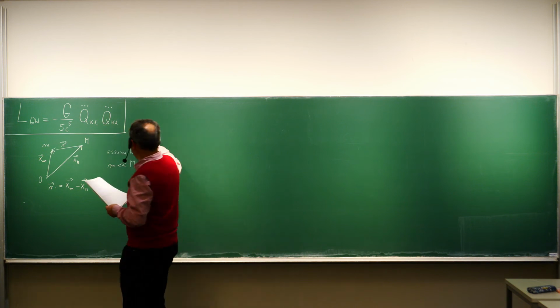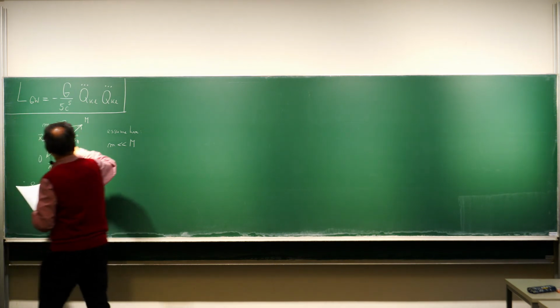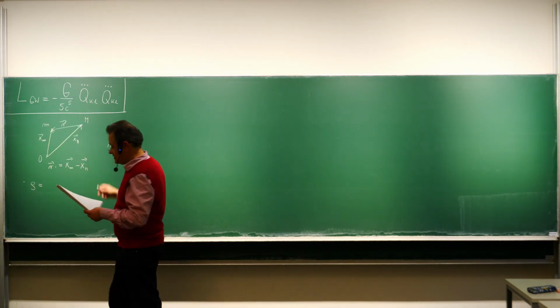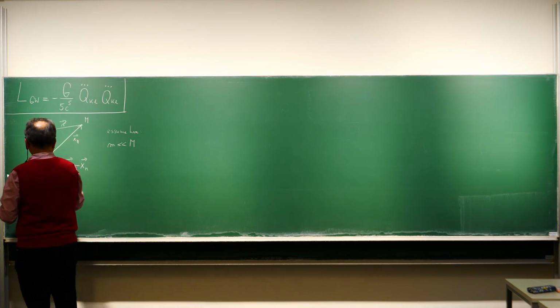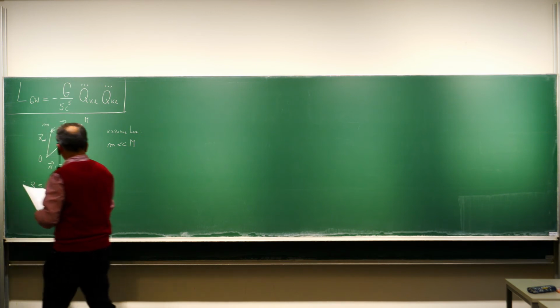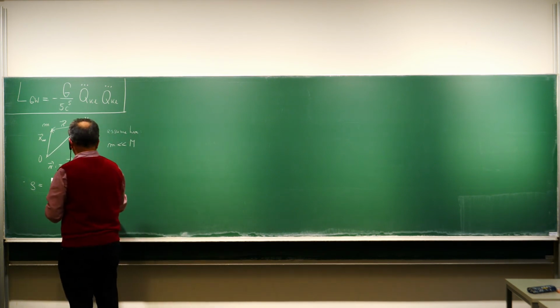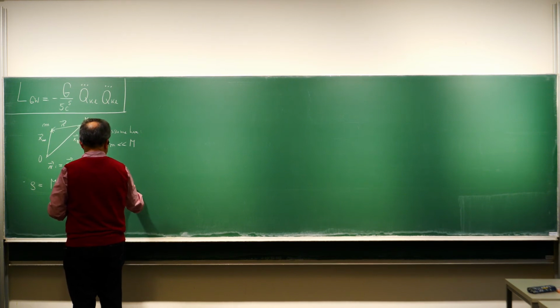So we have rho, the energy density that is to be inserted here, which is of course just the two masses. So it's capital M, and for the density, of course, we need the delta function. Recall the delta functions are densities because they're integrated over, and so plus small m delta of x minus x_m.